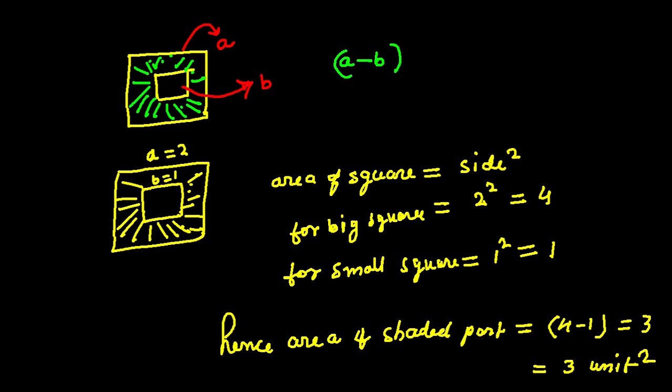So in this way you can find the cross sectional area. This is also called the cross sectional area. So in this way you will find the cross sectional area of many shapes. You can also take a rectangle.